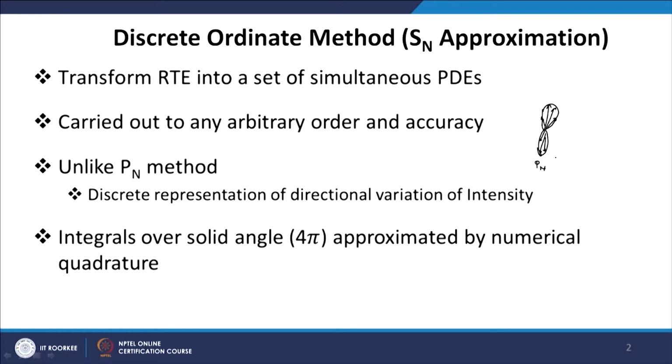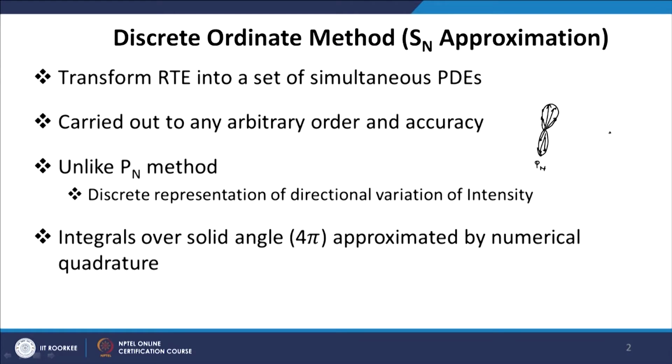That was the Pn method, and we can retain as many terms as we want, leading to higher accuracy. So, we have the P1 method, the first order spherical harmonics method, and the P3 method, the third order spherical harmonics method. However, in the discrete ordinate method, the intensity is not a continuous function of theta; rather, at any point we take only discrete directions.